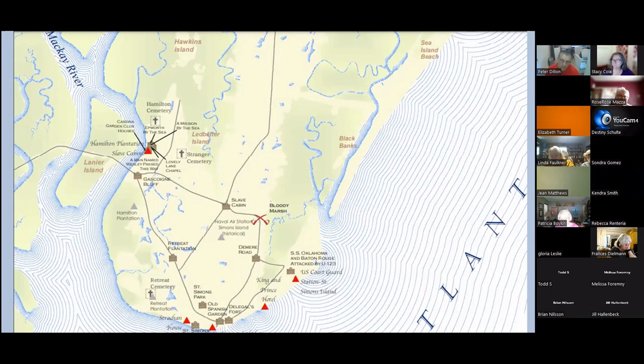So another thing about living on an island like Jekyll Island, there's a lot of marshes. And it could be that if there was a cemetery there, it might have been washed away. There was a gentleman who lived on the island back in the early 1800s, about 1805 or so, Christophe de Binion.